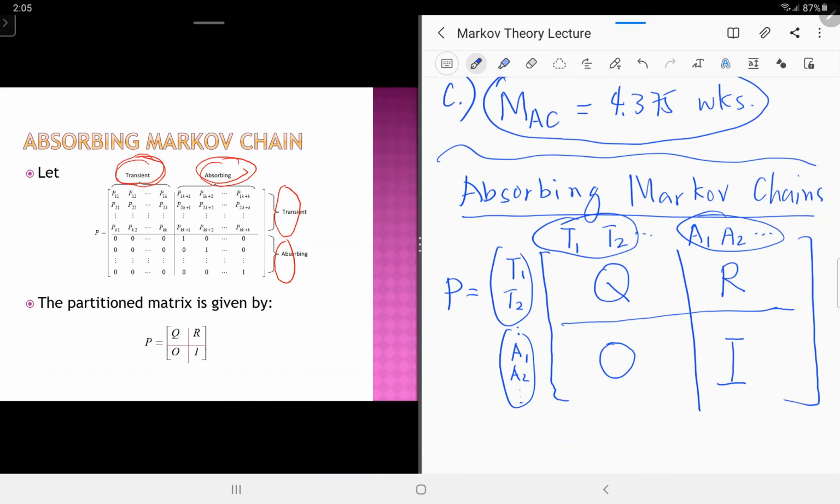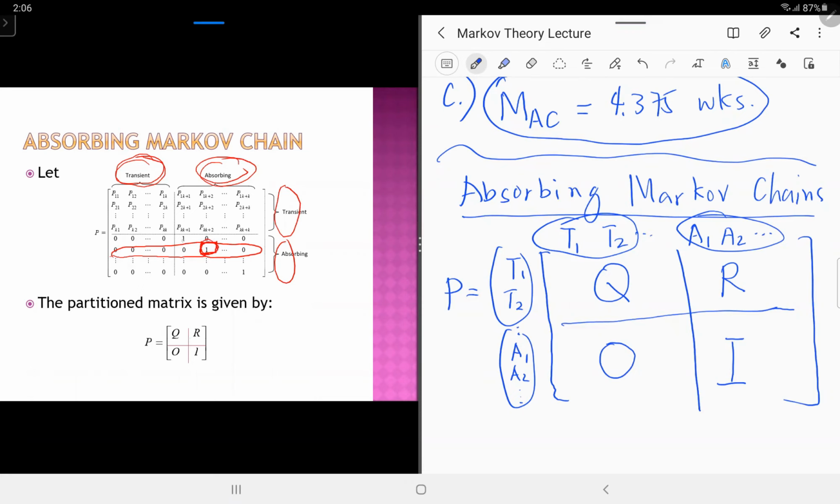As you can see, the way for you to determine whether you have an absorbing state is if in a row, for example here, all of the entries are zeros except for one value, which is 1. This simply means that once you enter this state, there is a 100% probability that it will always stay in this state and never leave that state anymore.